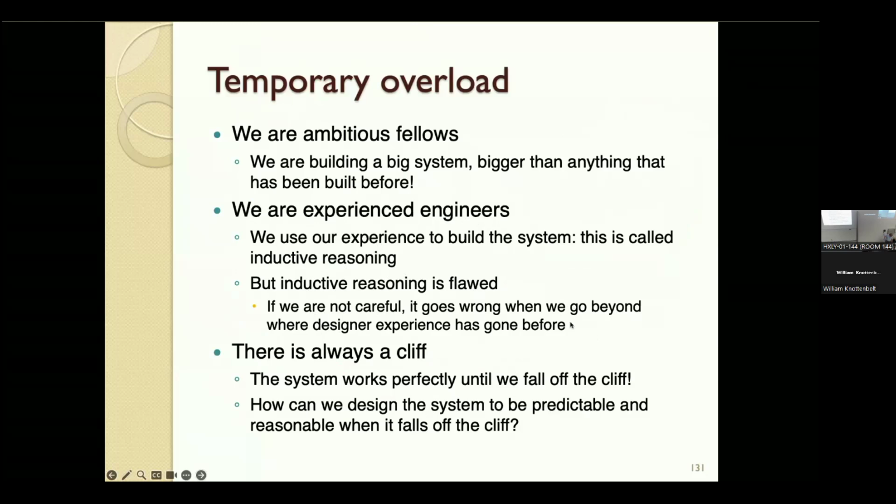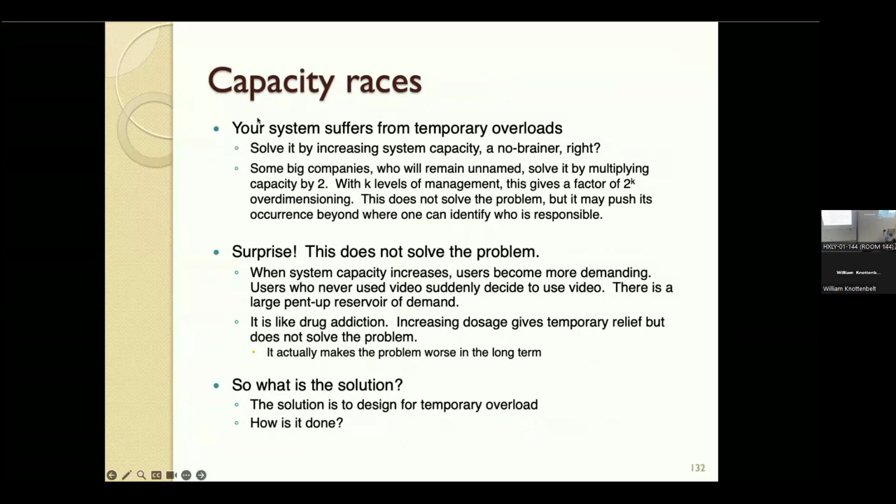There's some kind of a cliff, and the system will work well until we reach this cliff and jump off the edge. So the question is, how can we design the system, even though it's not perfectly performing, to at least be predictable and reasonable when we fall off that cliff? Because we will fall off the cliff.